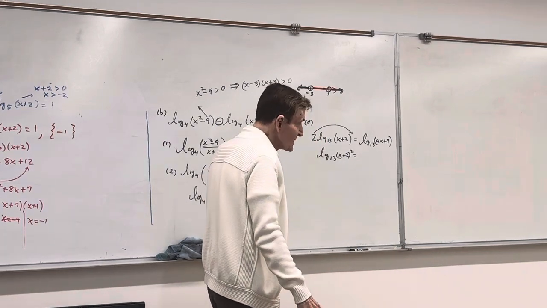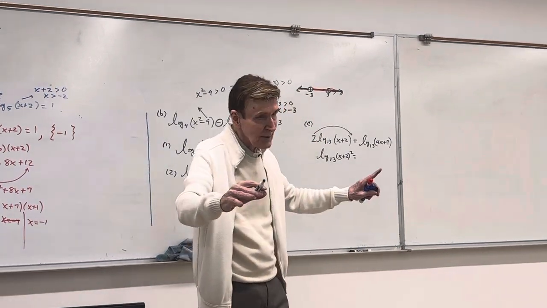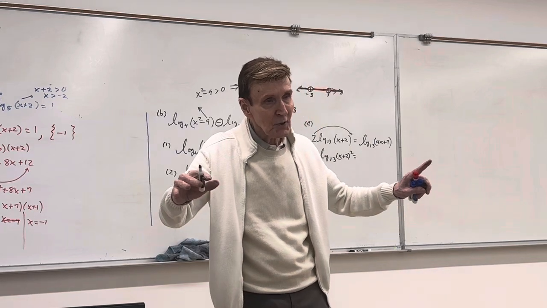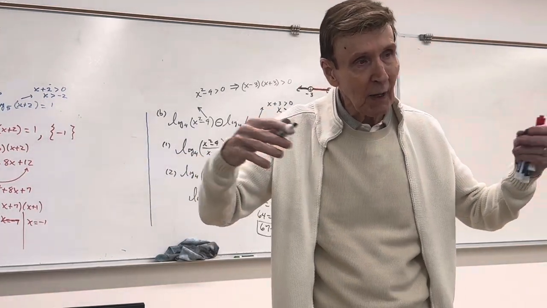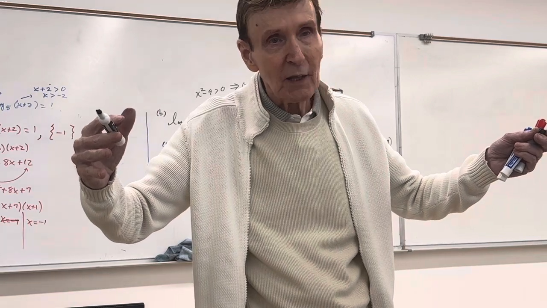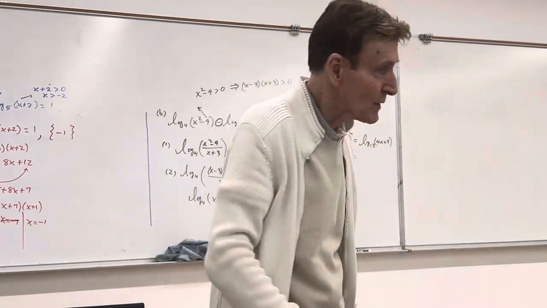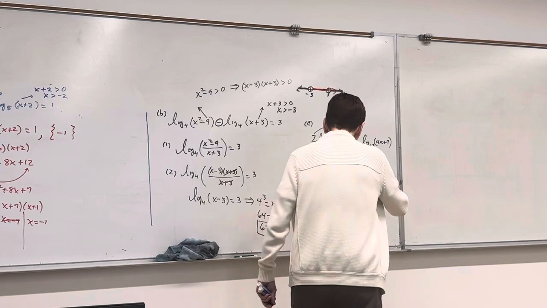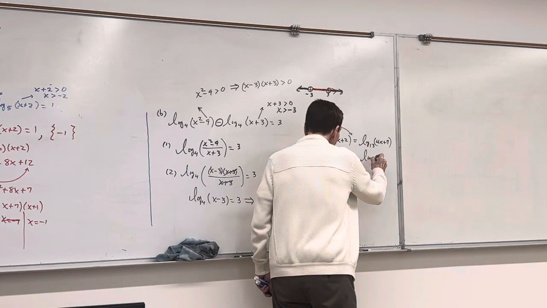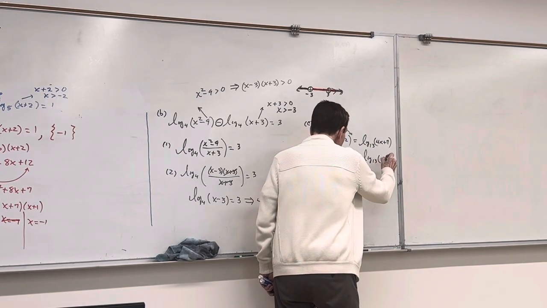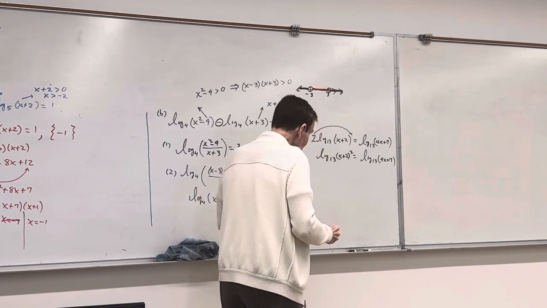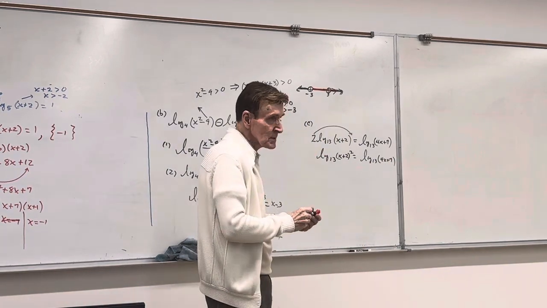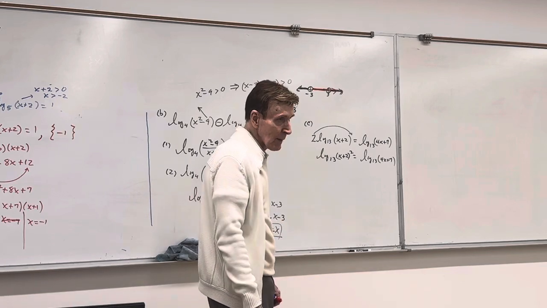The other side, guys, first tell me, look at the right-hand side. May I use the product, quotient, or power property on the right-hand side? No. Nothing. You've got to leave it like it is. Cannot split it up. Now tell me, common sense, what has to happen here?